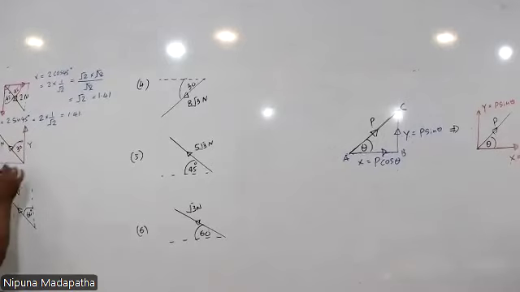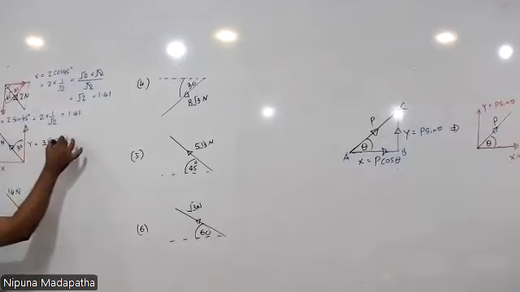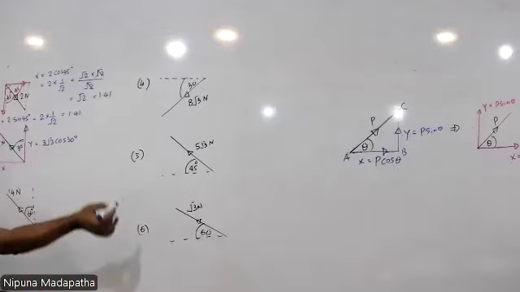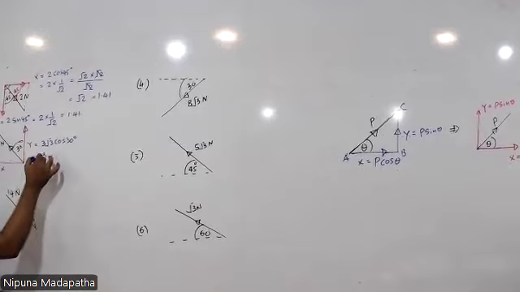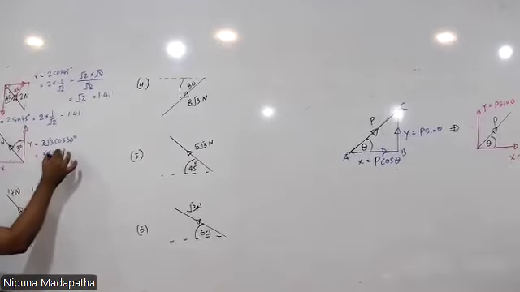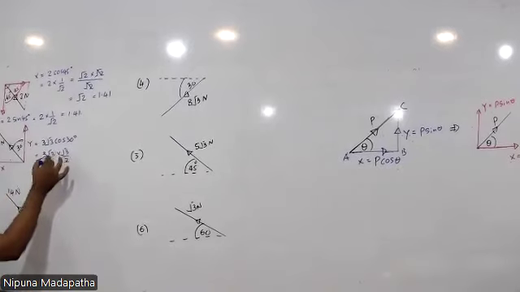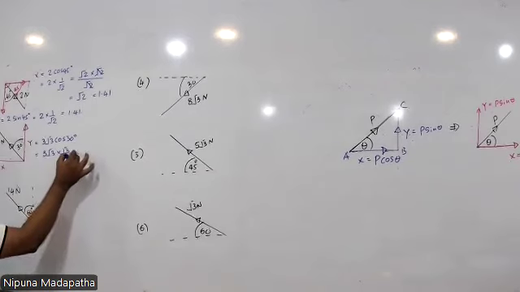In terms of 30, this must be 3 root 3 cos 30. Either you can write the angle as 60 and use 3 root 3 sin 60. I write 3 root 3 cos 30, which is root 3 over 2. Root 3 into root 3 is 3, 3 into 3 is 9, 9 divided by 2 is 4.5.